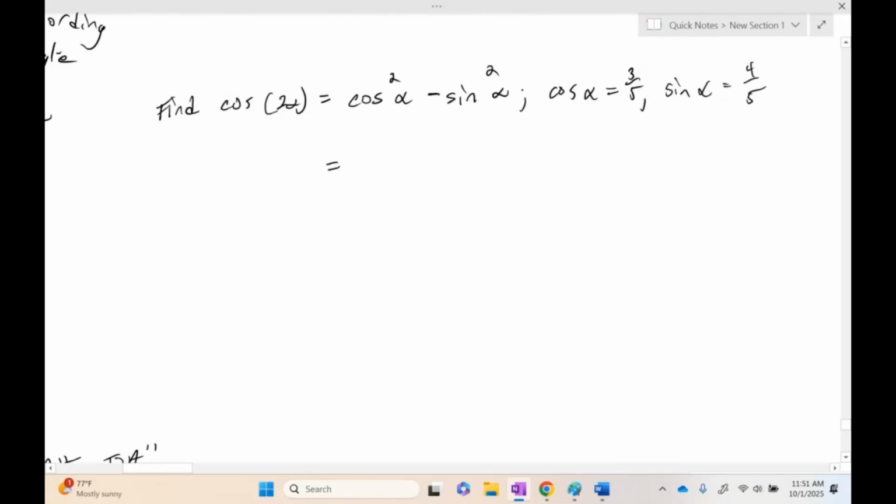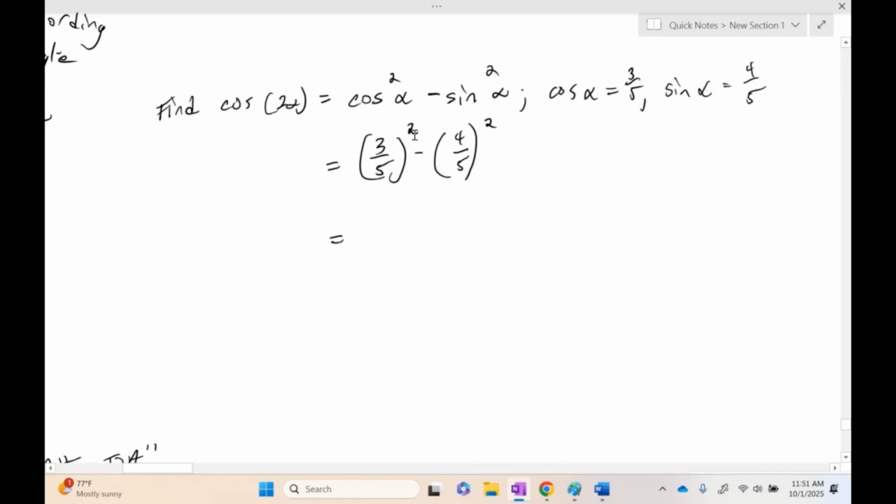All right, so we're going to take the cosine value, which is 3/5. We're going to square that. Minus, we're going to take the sine value of 4/5, and we're going to square that as well. So remember, you have to square both the numerator and the denominator.